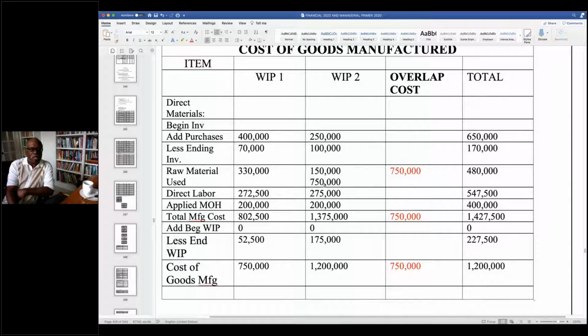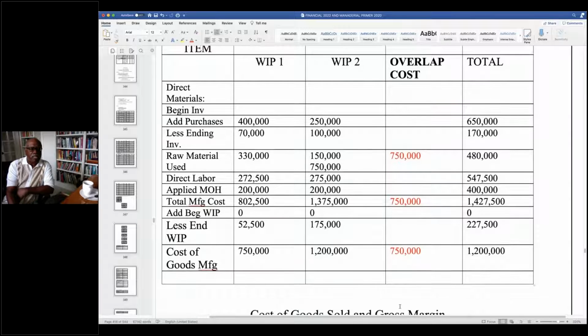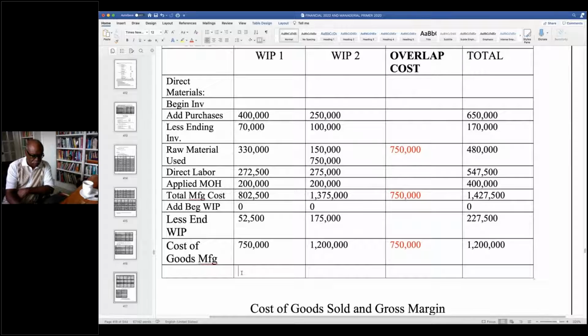Okay, so let's look at it this way. We got 750 that we incurred in process 1. How much did we incur in process 2? We need to leave out the 750.